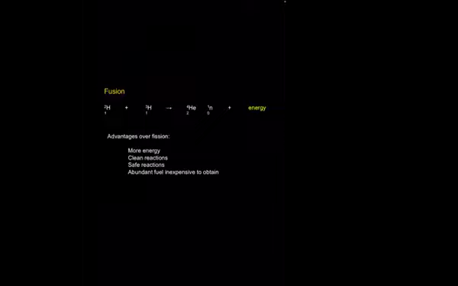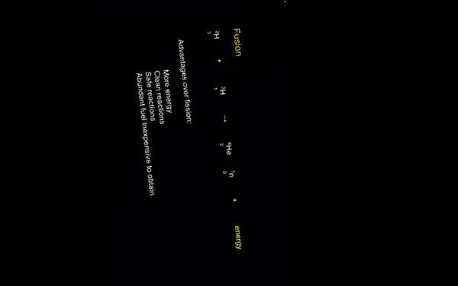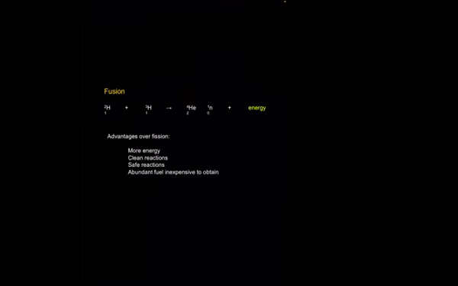Too many neutrons being absorbed, too much fission going on. Here, you're doing everything possible to contain this thing, to get these things fused together. Extremely difficult engineering wise. And as soon as that containment breaks down, the plasma breaks down, the system just shuts down. The reaction stops.